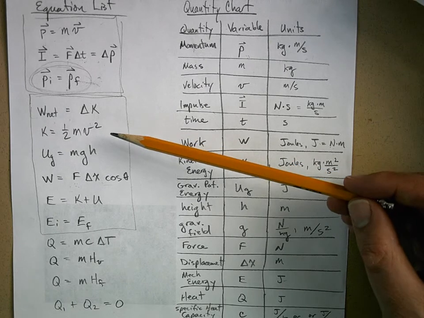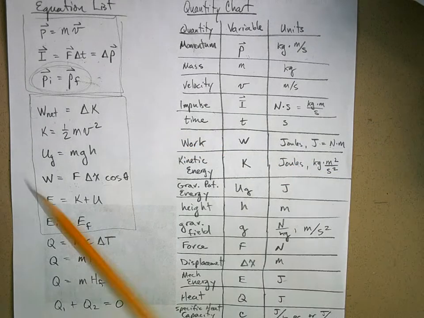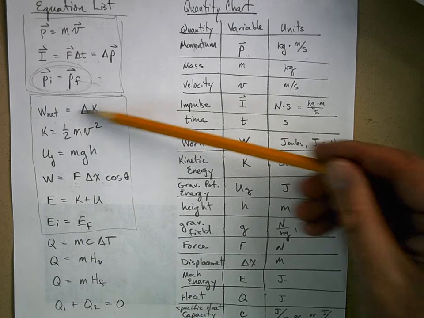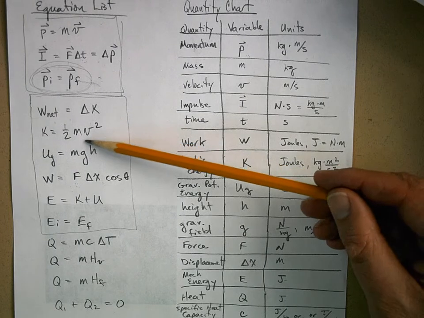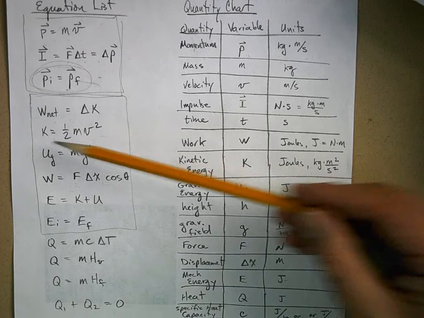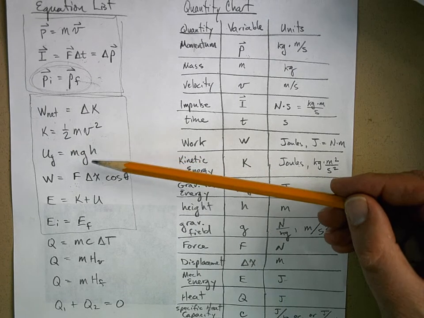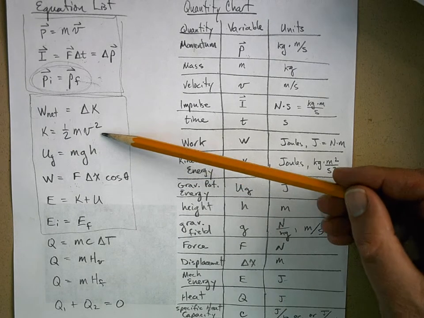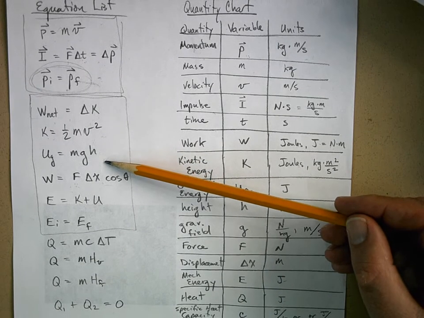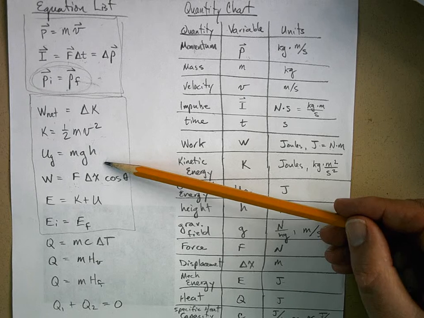All right, now, then here we have kinetic energy. Kinetic energy is the energy that an object has because it has mass and it's moving. You throw a baseball. That baseball has energy contained in its mass and its motion. And we call that kinetic energy. It took work to give an object kinetic energy. Here we have gravitational potential energy, mgh.